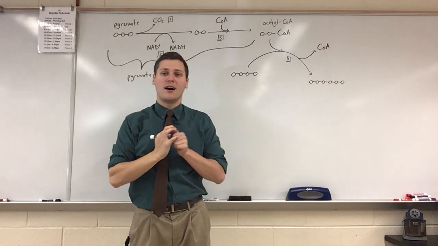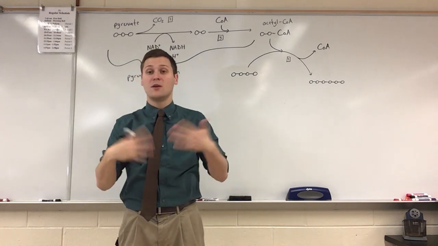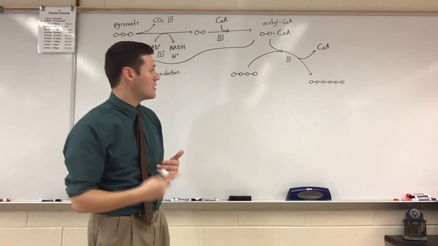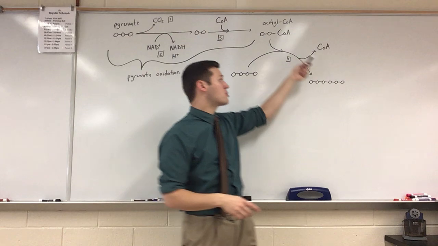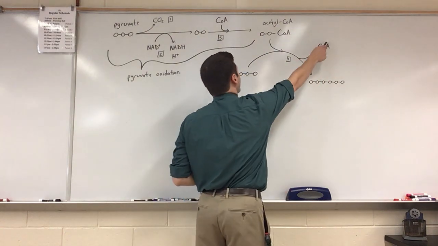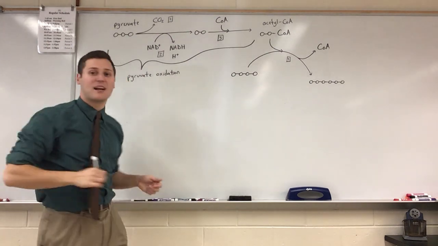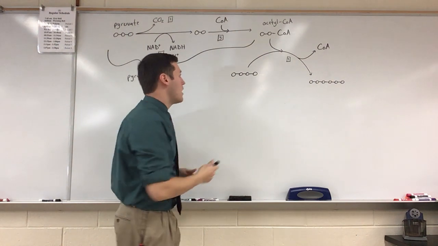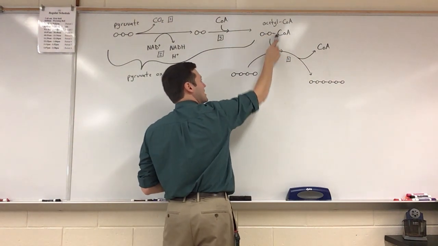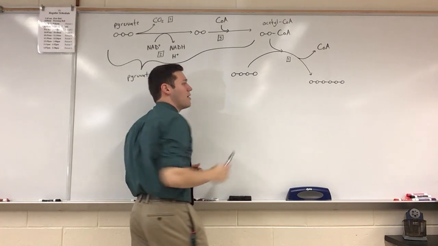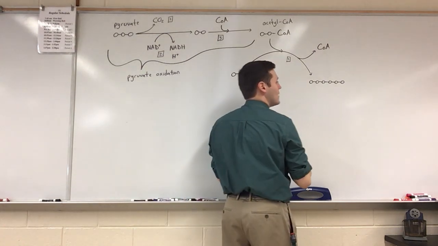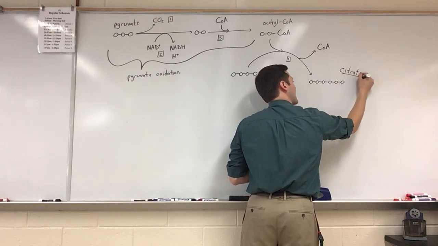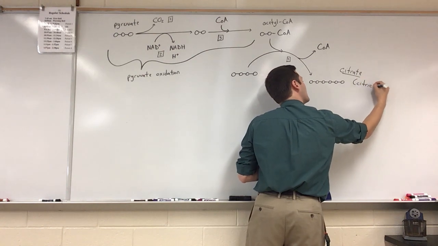If you recall, enzymes do not get consumed by a reaction, and in the same way coenzymes don't get consumed by a reaction. So by the end of this process, we'll have CoA that we can now reuse. We'll recycle that back to step 3 of pyruvate oxidation. But CoA, or coenzyme A, was necessary because without it, we would not have been able to stick these 2 carbons to this 4-carbon molecule. And this 6-carbon molecule has a name that you will need to know. It is citrate, or citric acid. I'll put citric acid.